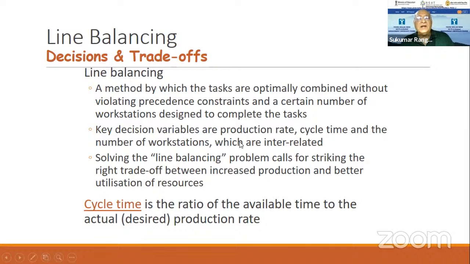So cycle time, production rate, etc. Solving the line balancing problem calls for striking the right trade-off between increased production and better utilization of resources. Cycle time is a ratio of the available time to the actual or desired production rate for that particular process.